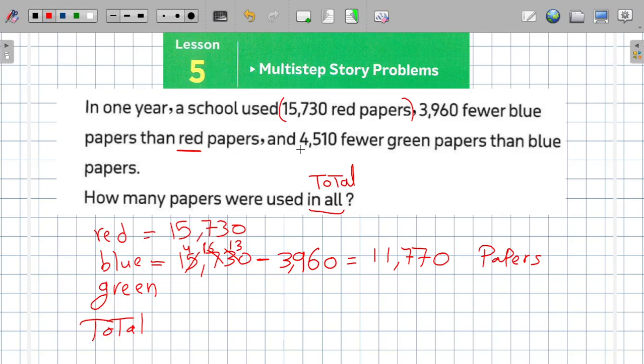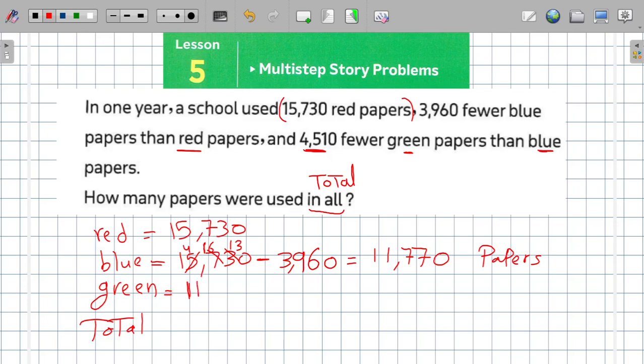Okay. The third type here is the green papers. So he said 4,510 fewer green papers than blue papers. So this number is the difference between green papers and blue papers. So I will subtract this number 4,510 from the number of blue papers that I got here. I have 11,770. So I will subtract the two numbers.